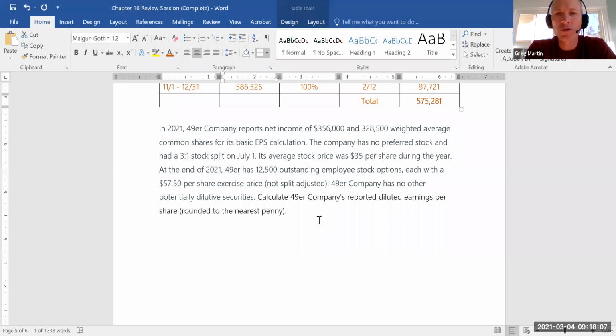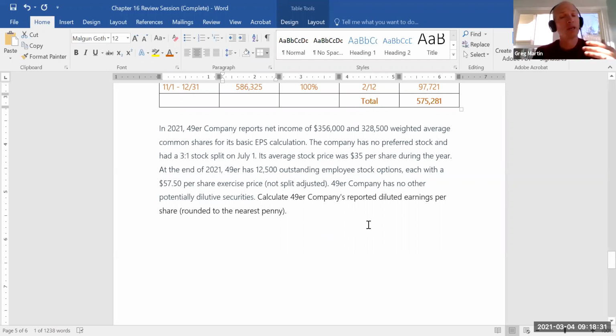Its average stock price was $35 per share during the year. At the end of 2021, 49er has 12,500 outstanding employee stock options, each with a $57.50 per share exercise price. That price has not been split adjusted. There are no other potentially dilutive securities. We need to calculate our diluted earnings per share.